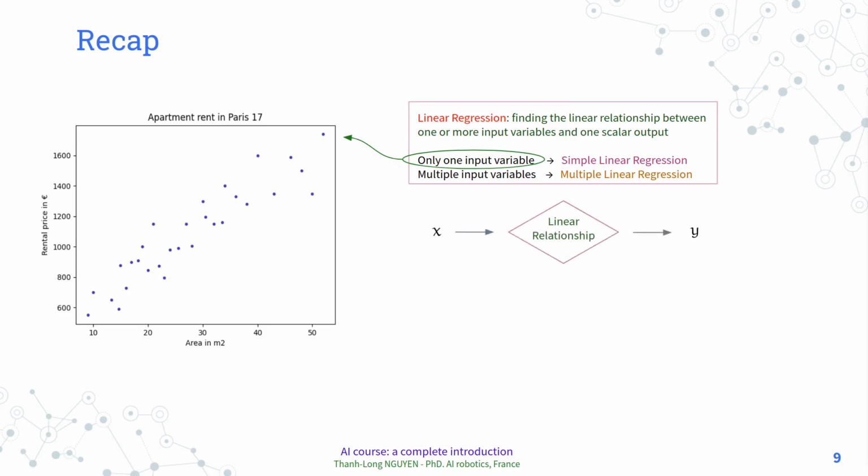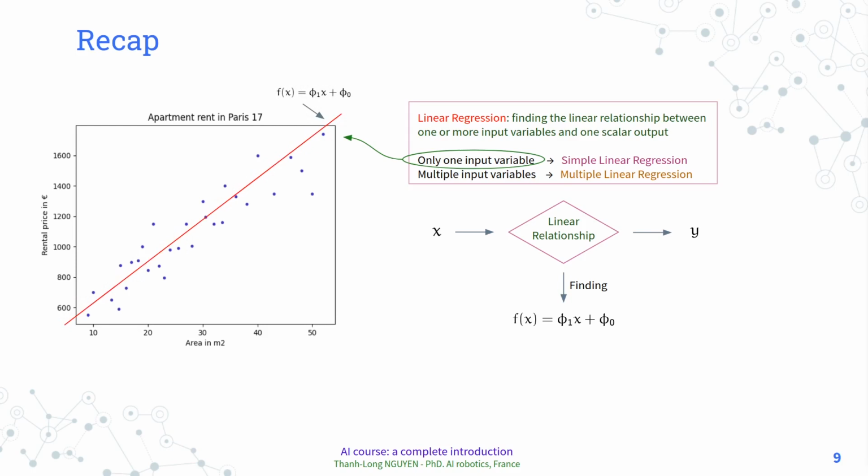And to find the linear relationship between an input variable x and an output variable y, we have to find a linear function f of x equals phi1x plus phi0 that approximates the output y. Concretely, the graph of this function is a straight line and we want it to fit the data points.